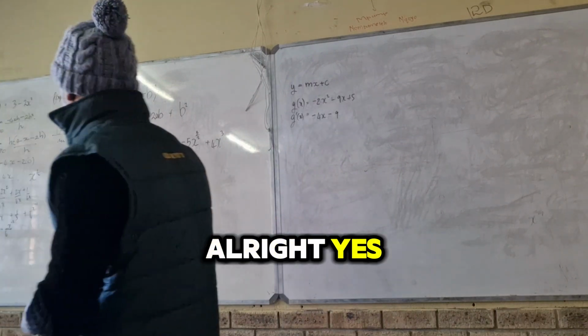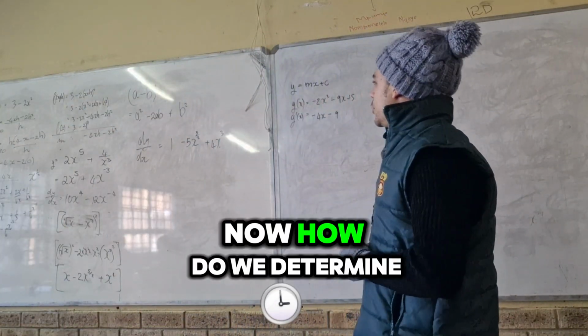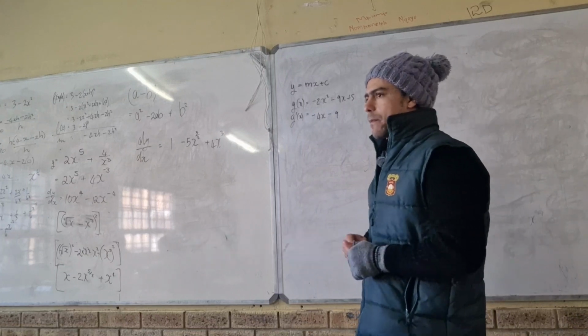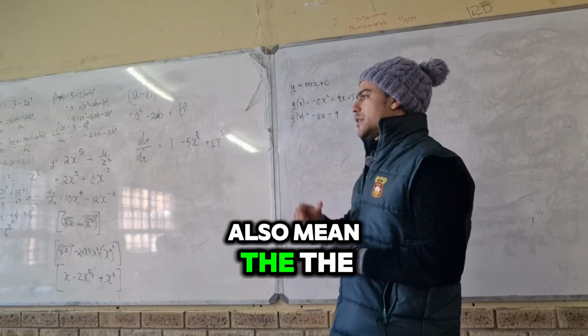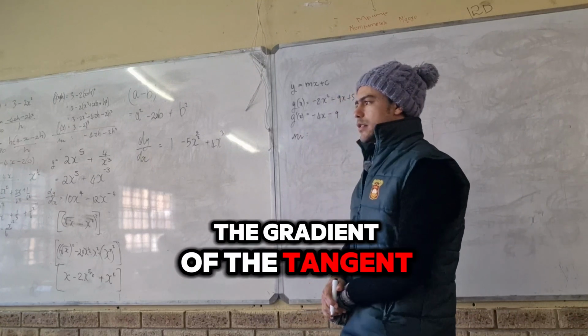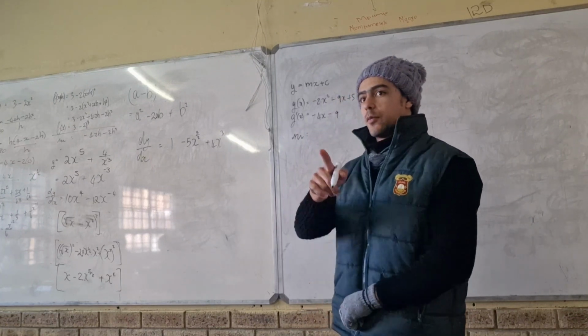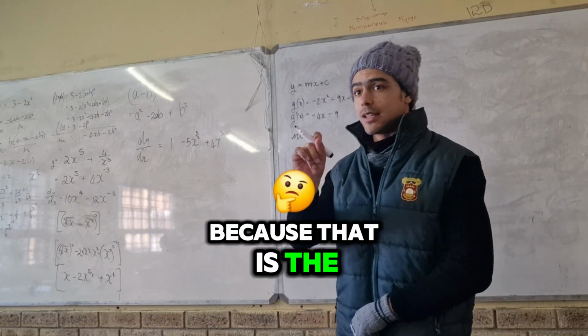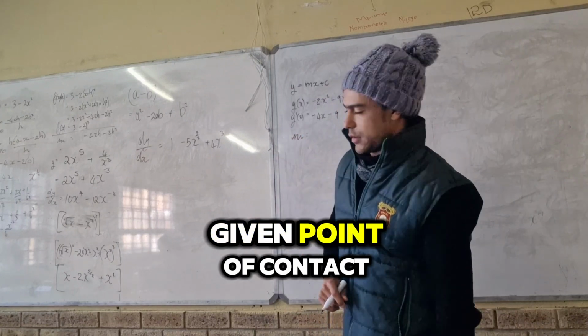Now how do we determine the tangent? We also need the gradient of the tangent. Why -1? Because that is the given point of contact.